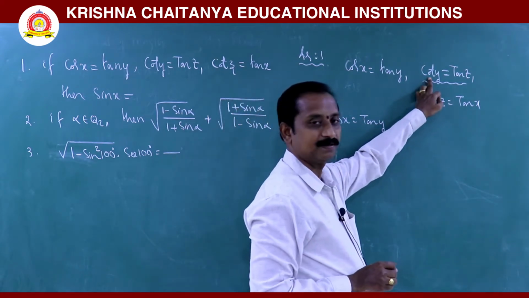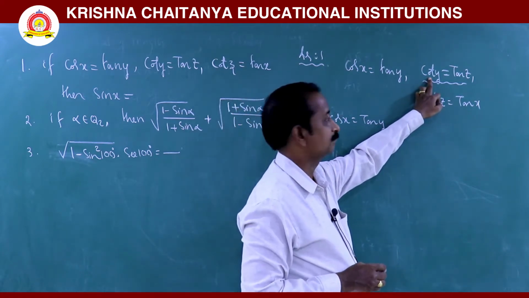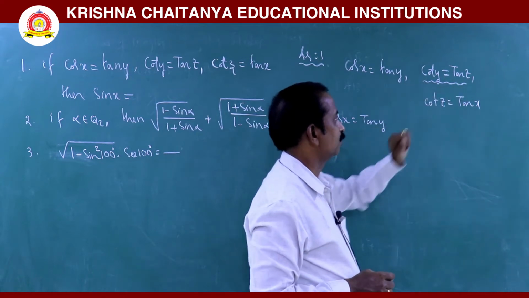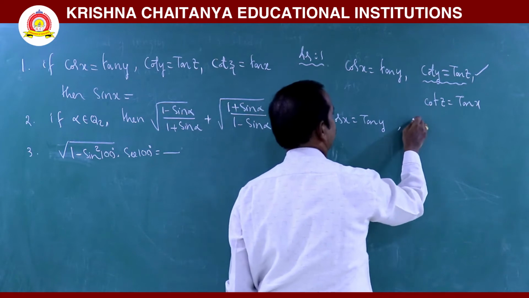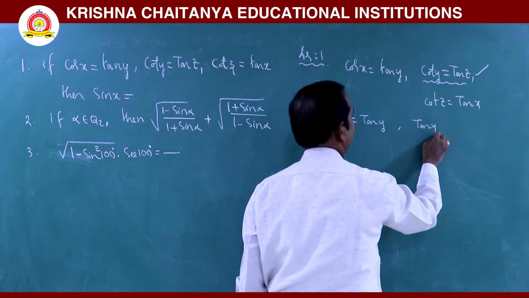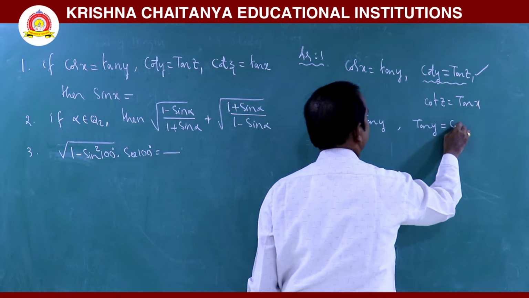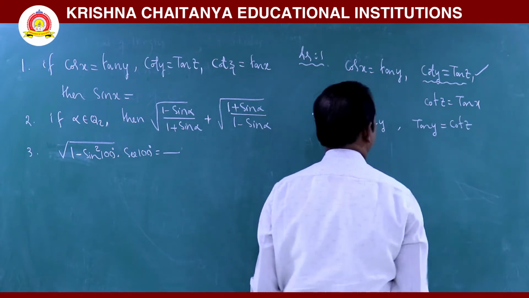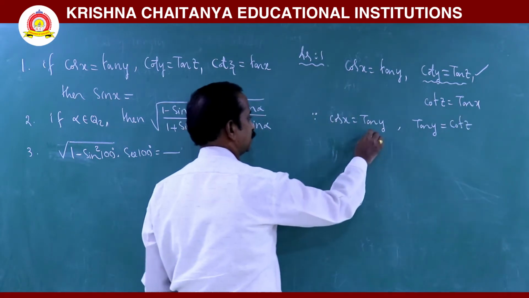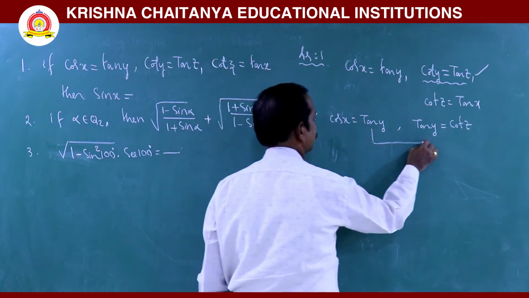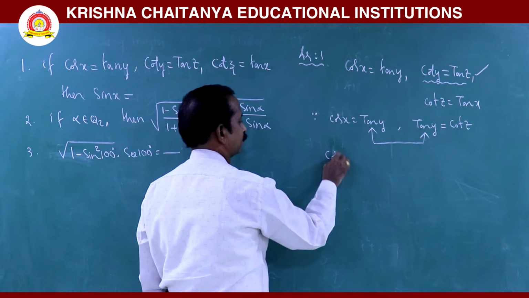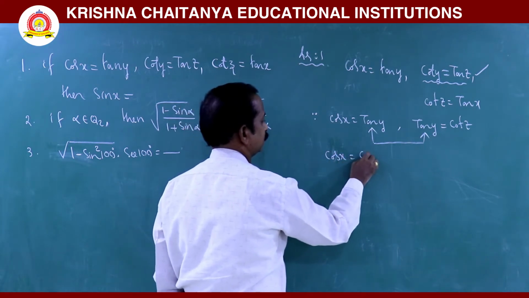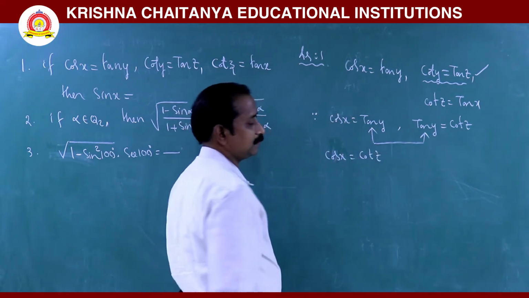Cotangent and tangent, we know that they are reciprocal. If cot y is equal to tan z, then from this one we can write the value of tan y. So, tan y is nothing but cot z. So, instead of this one, we can write cot z. Therefore, cos x is equal to cot z.